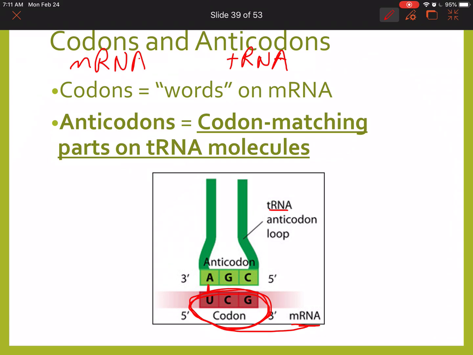U pairs with A, C pairs with G, G pairs with C. So same base pairing rules we know and love, only T is replaced by U, but it's the base pairing rules that match the anticodon to the codon. Anti in the tRNA, codon in the mRNA. Right?